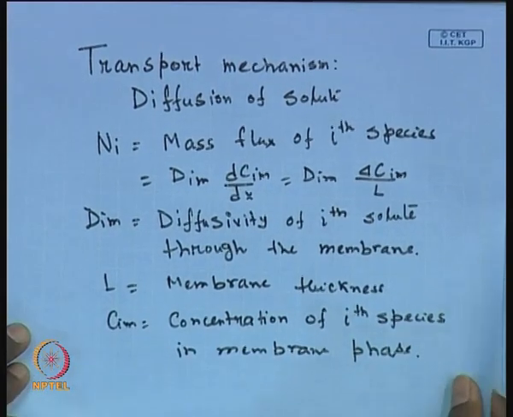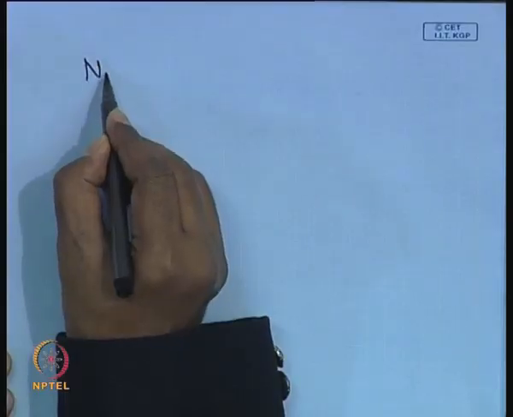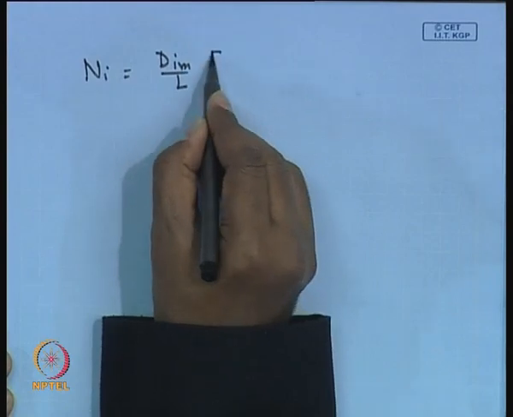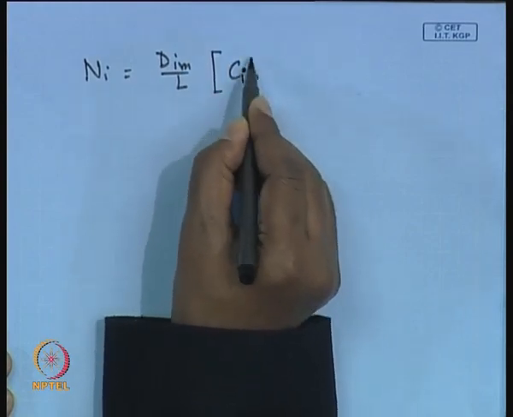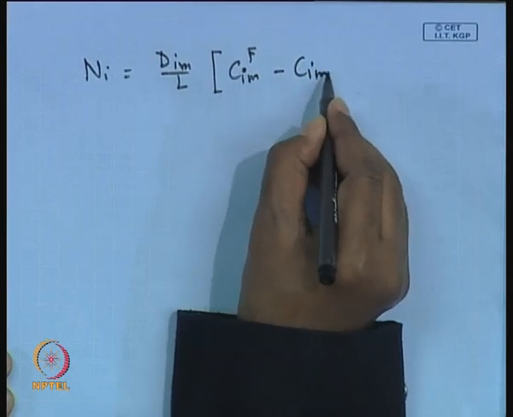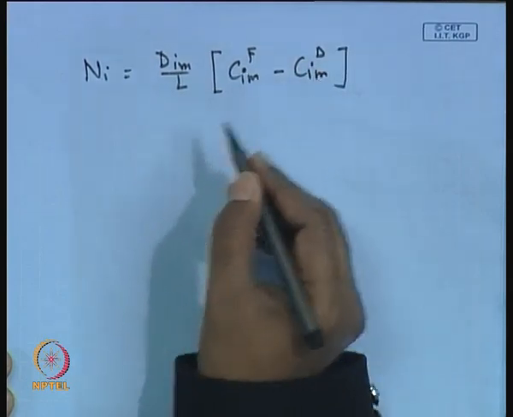So, we can write down Ni as Dim over L times CimF, that is in the feed side, minus CimD in the dialyzed side.